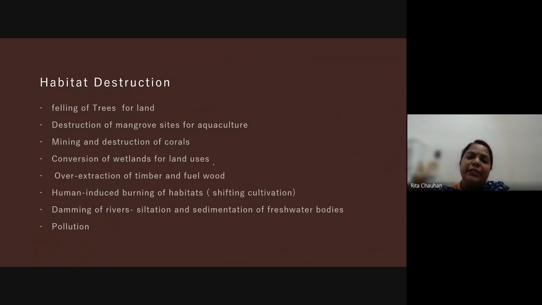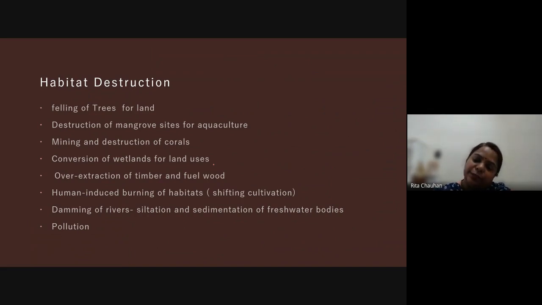So we are shifting the cultivation to different pockets of area, but when we are burning that area, again the nutrients will be lost. So nutrients will be lost, biodiversity will be lost, and the habitat of many living organisms depending on that area will be lost. So we should minimize this shifting cultivation. Now many local communities have stopped this kind of cultivation.